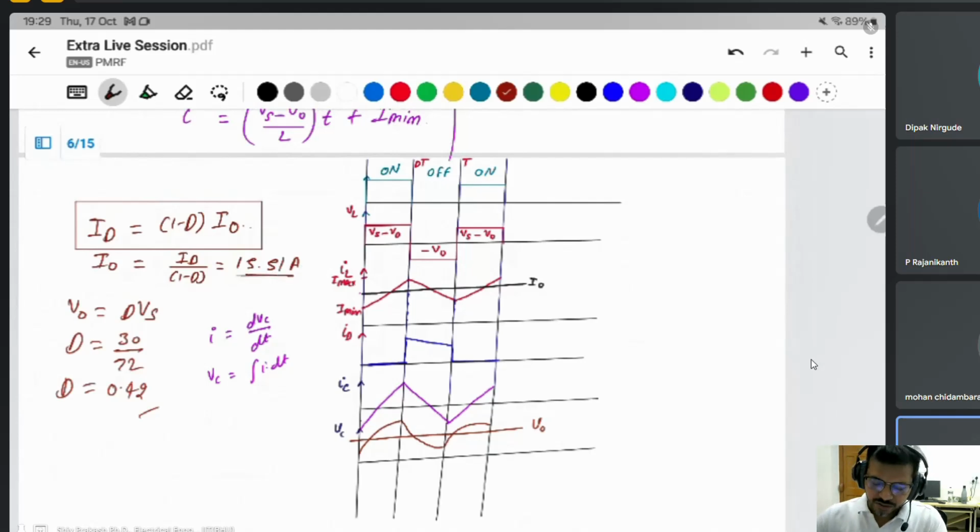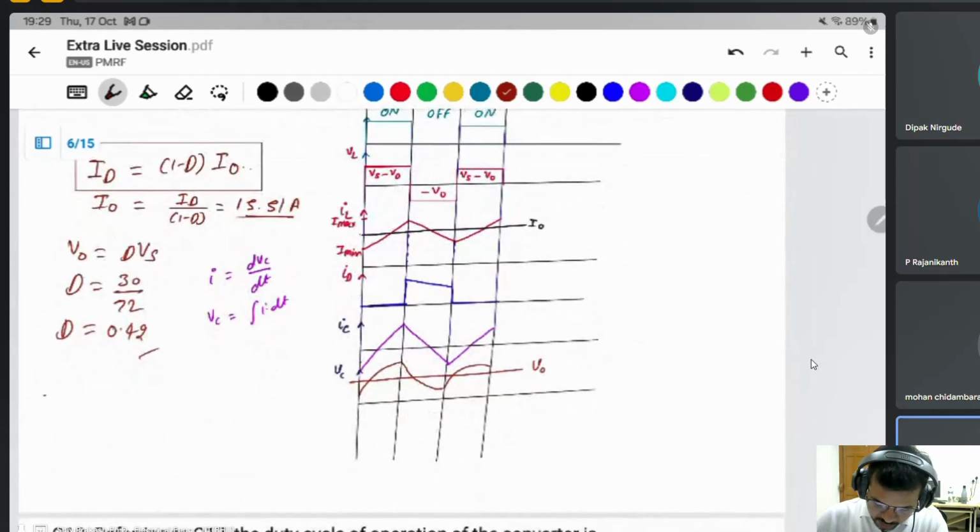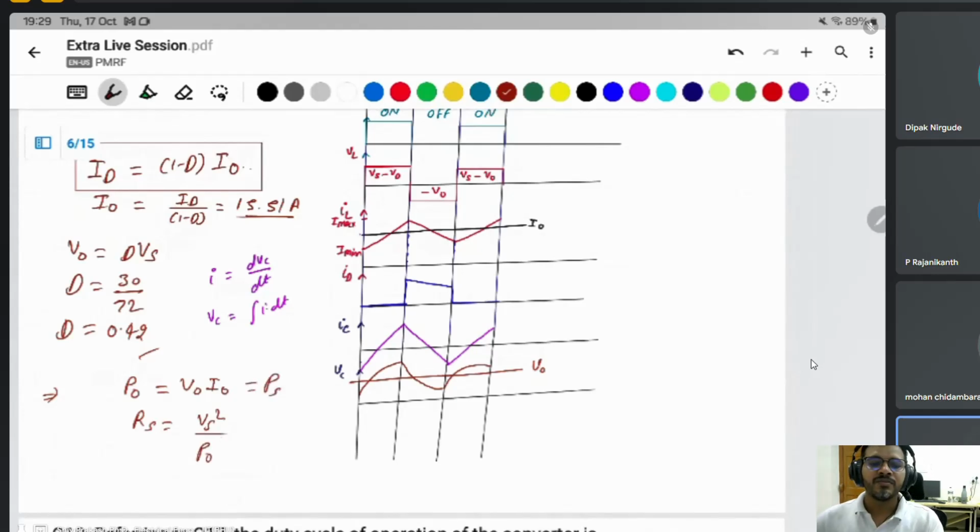If I naught is known, then you can find the output power, V output times I output. After that you can calculate the input current. Now you can directly calculate the RS, because Vs squared divided by D times P naught, and P naught is the same as the PS in ideal condition.